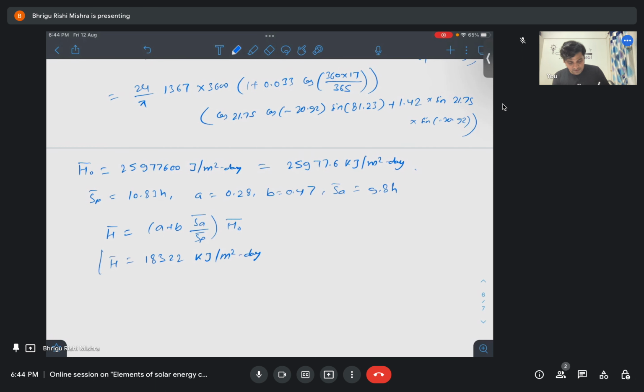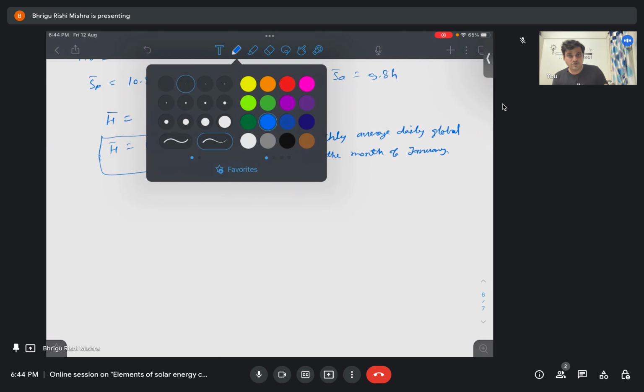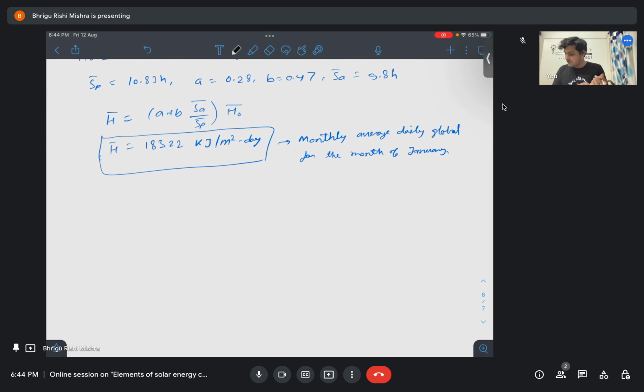So this is the monthly average daily global radiation for the month of January. Now we also need to calculate the diffuse radiation.